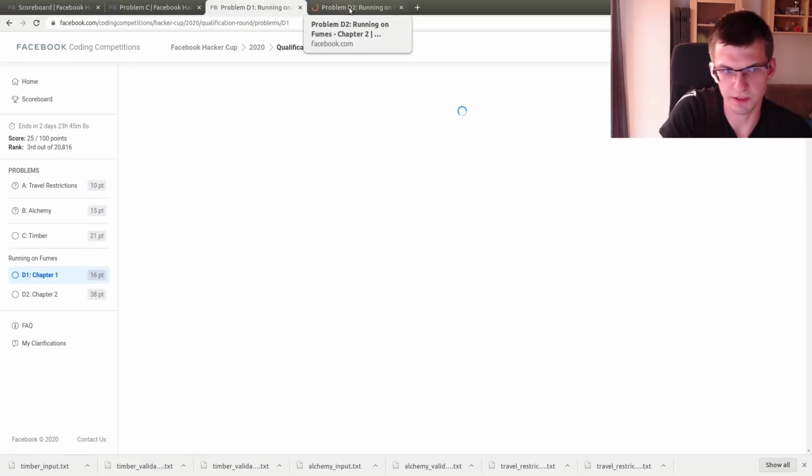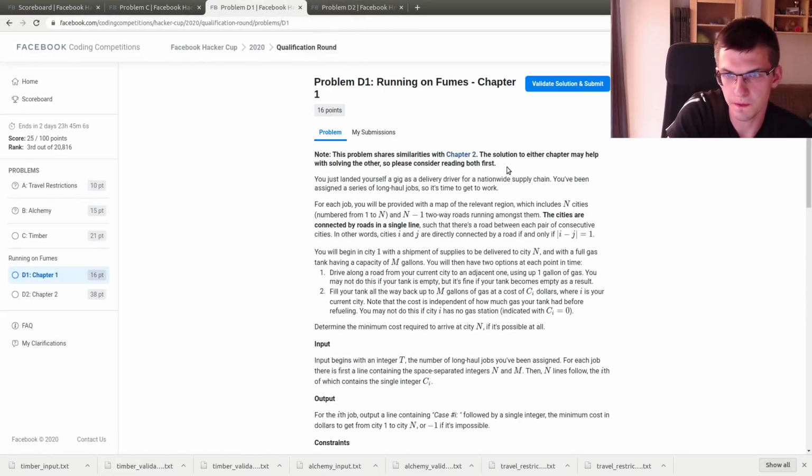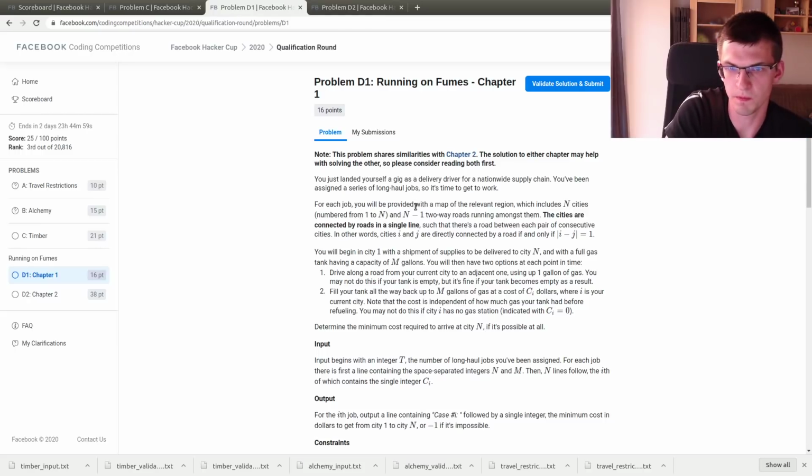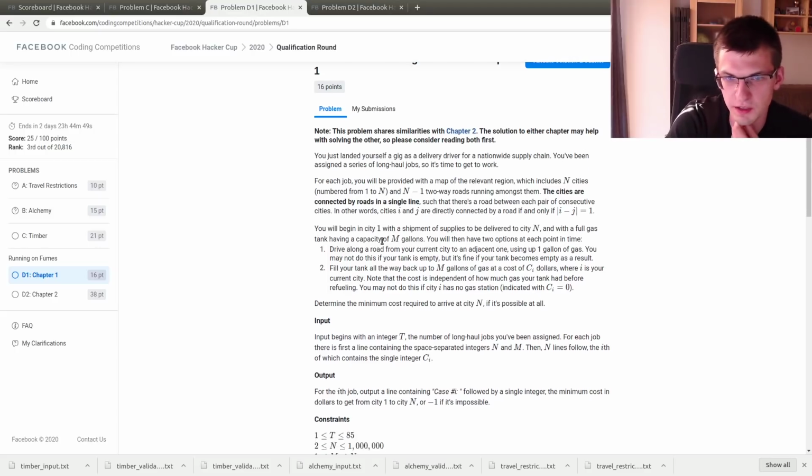Two problems left. Okay, there is a line of n vertices, I connected with I plus 1.